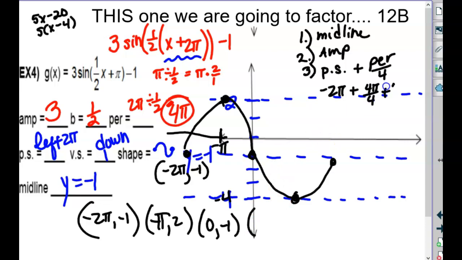If I add another 4 pi over 4 or pi, what do I get? That was 0, right? And then if I add another 4 pi over 4 or pi, this would be pi right here. So I have pi, -4, and add another pi, and I'd be at 2 pi, -1.